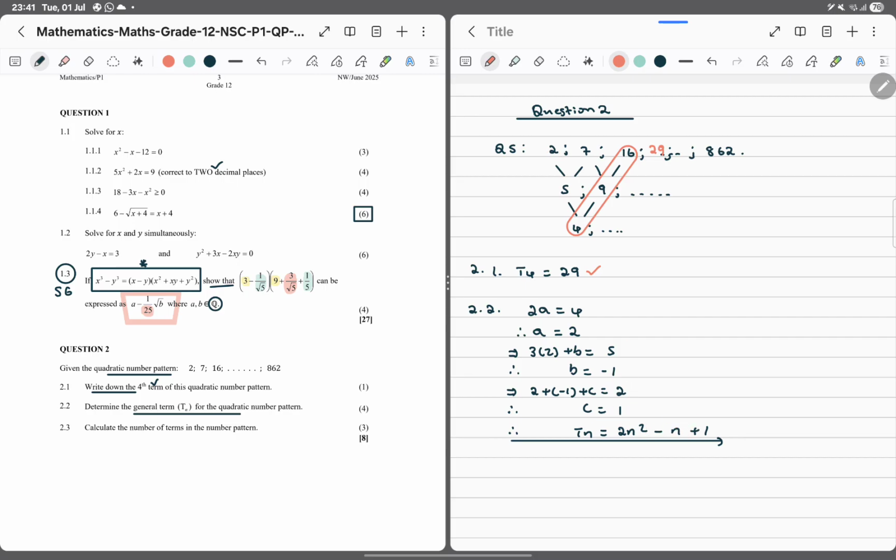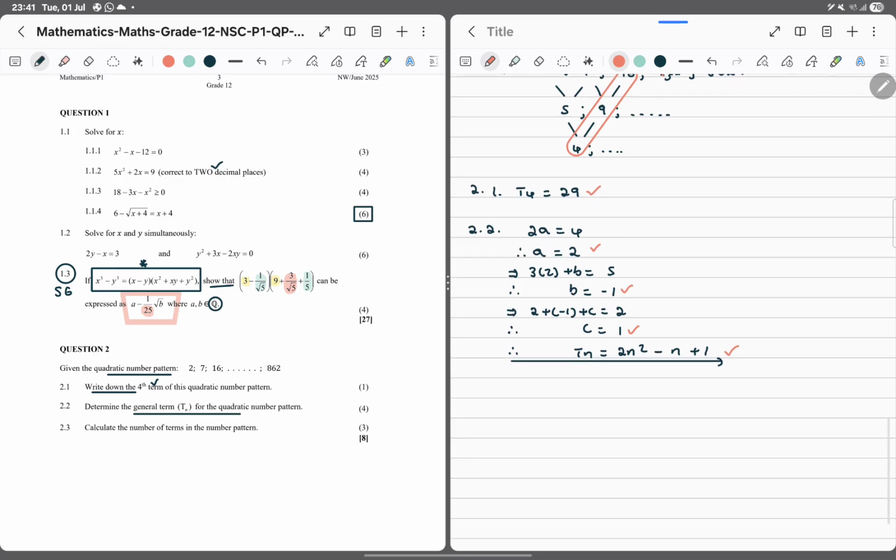Okay, good. Let's check a non-contiguous term. Term 3. This is going to be 9 times 2, 18. 18 minus 3, that's 15. 15 plus 1 gives us 16. So we know this is good. So these ones should be good too. That's how we score those 4 marks.